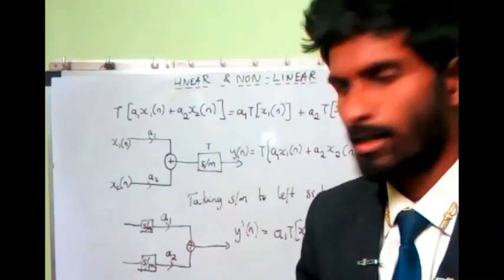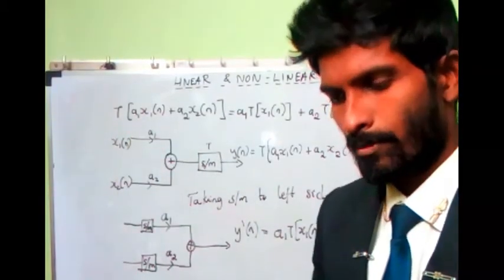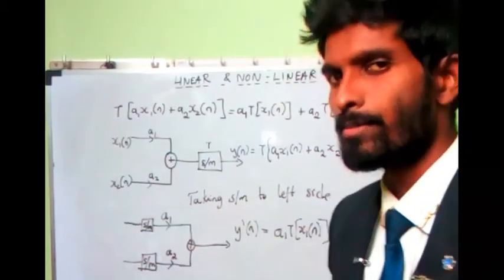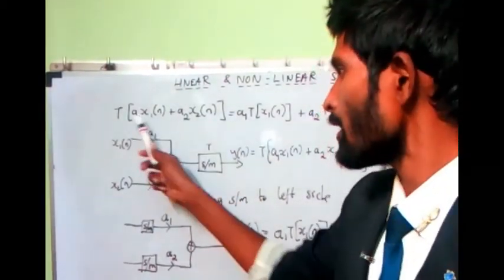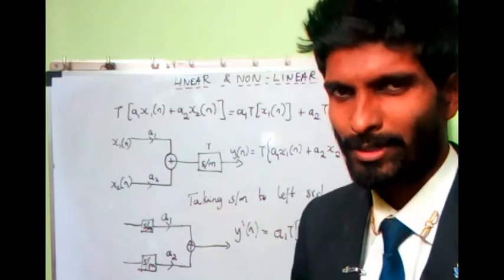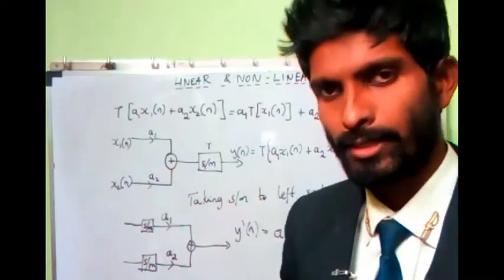So in the linear case, the response to the combination of two inputs should be equal to the combination of the individual responses. We can have a1, a2, and these are said to be arbitrary constants, meaning you can have anything.